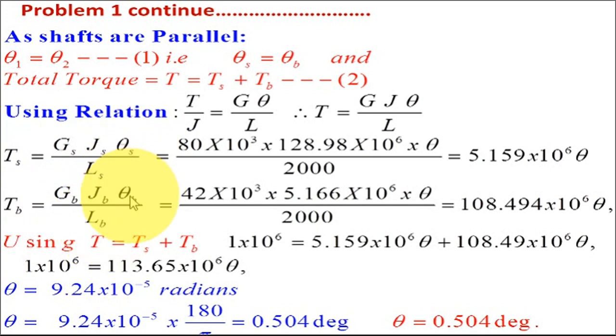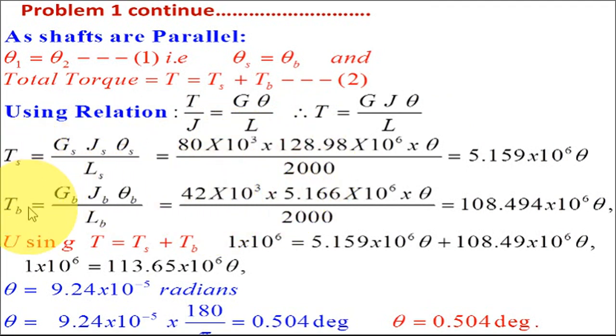Now as theta S and theta B are both the same, instead of writing theta S and theta B separately, you just call it theta only, because theta is the same. So in both equations I have kept theta as it is, and then you put the value of Js, the polar moment of inertia of steel, its modulus of rigidity G, and its length 2000 in both the cases.